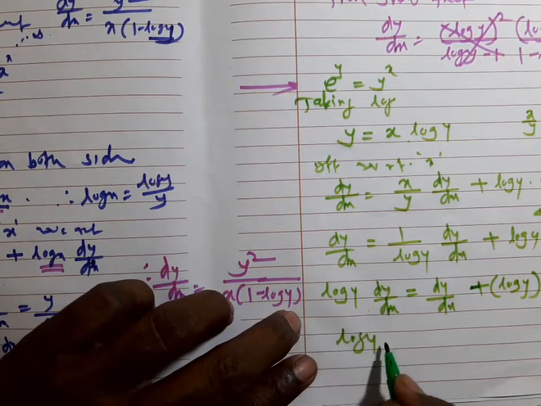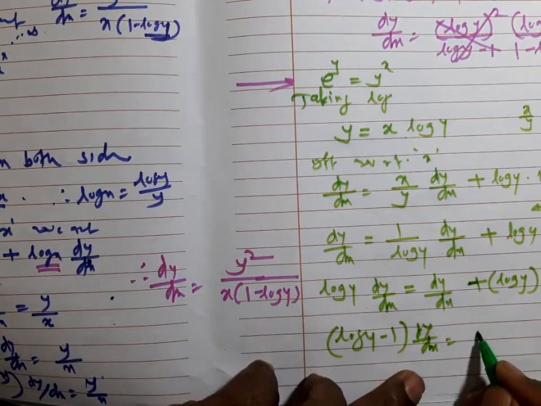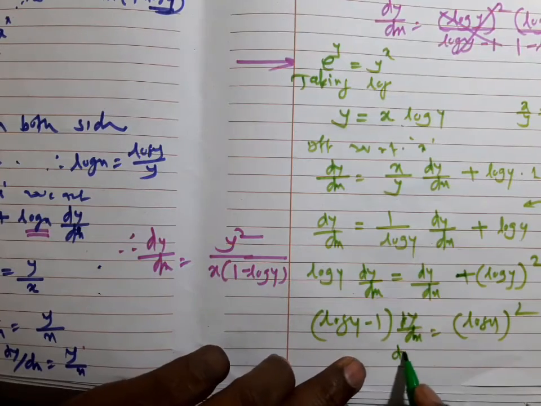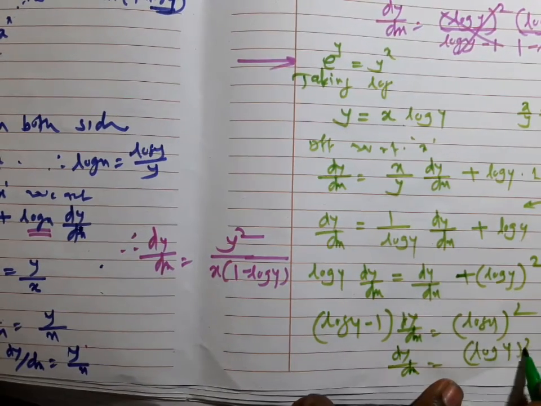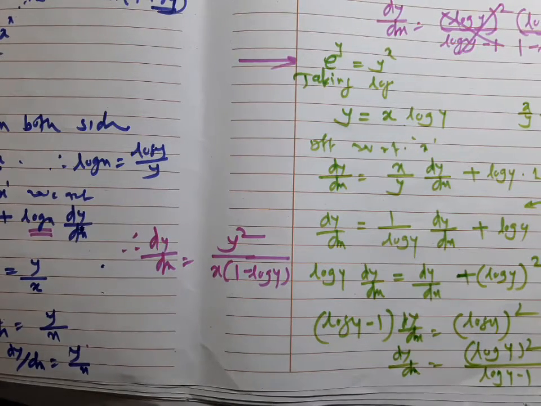So dy by dx times log y minus 1 is log y square, and finally dy by dx is log y square upon log y minus 1.